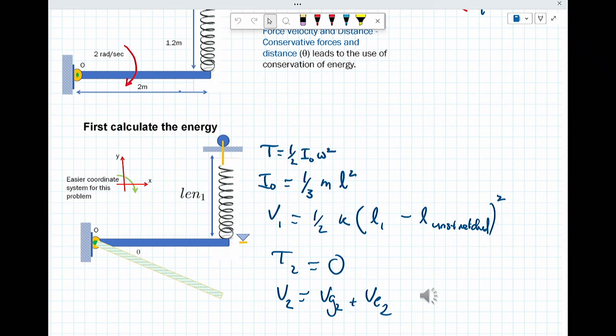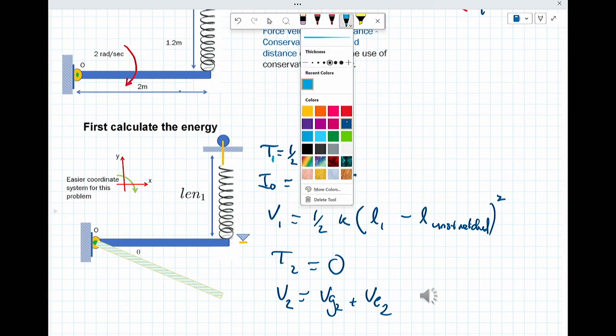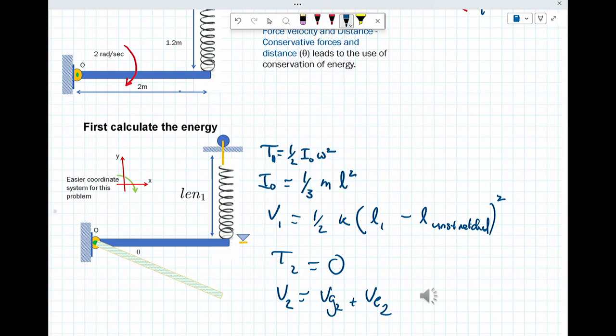T1, where it starts, is equal to 1/2 I naught omega squared. And at this point, you've done enough of these that the moment of inertia of a pin slender rod you know is 1/3 m l squared.